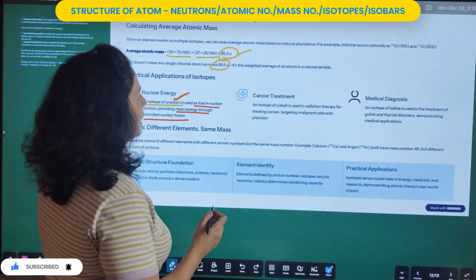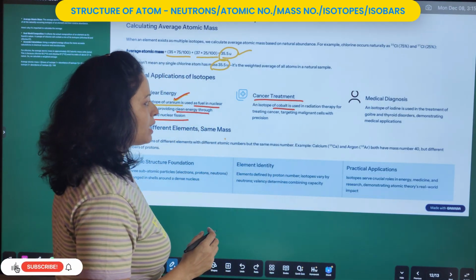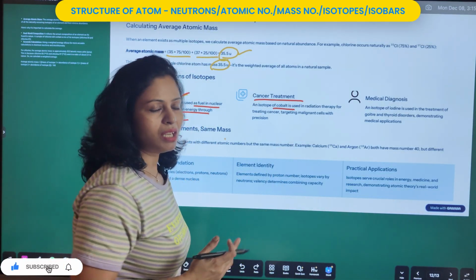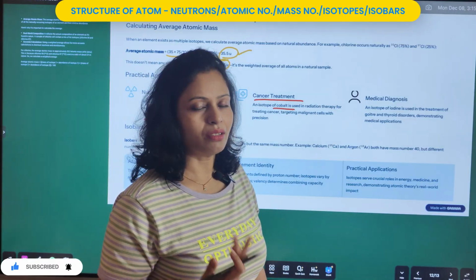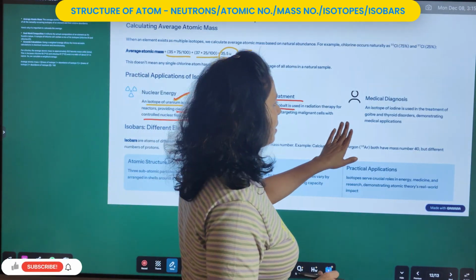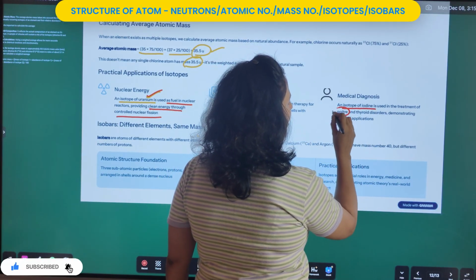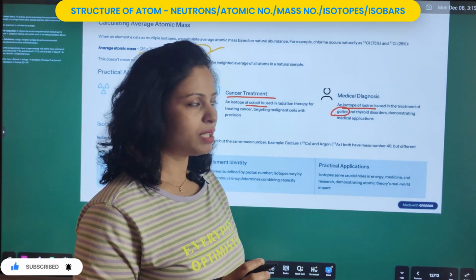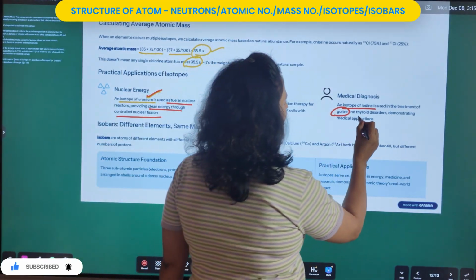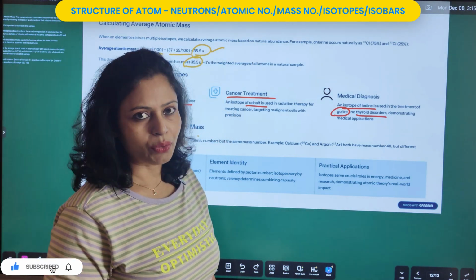In cancer treatment, isotopes of cobalt are used in radiation therapy for cancer patients, targeting the malignant cells. Also in the medical field, isotopes of iodine are used in the treatment of goiter. Goiter is a vitamin D deficiency disease, and thyroid disorders are also treated using isotopes of iodine.